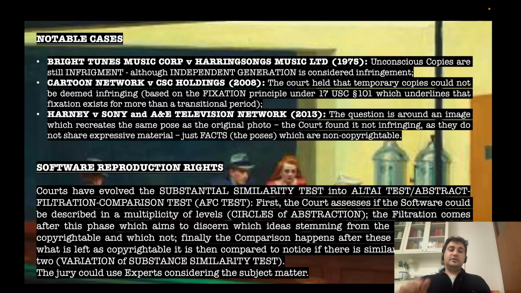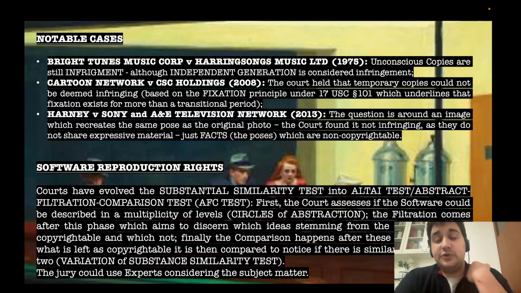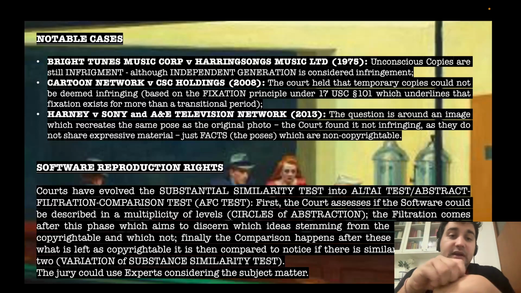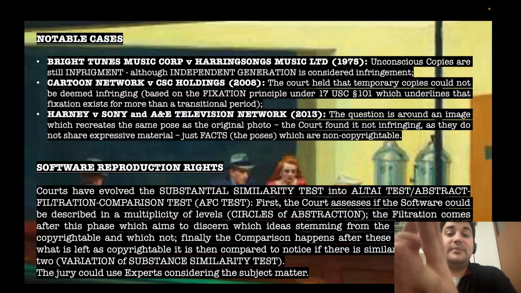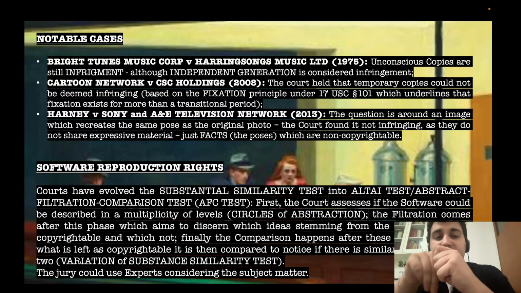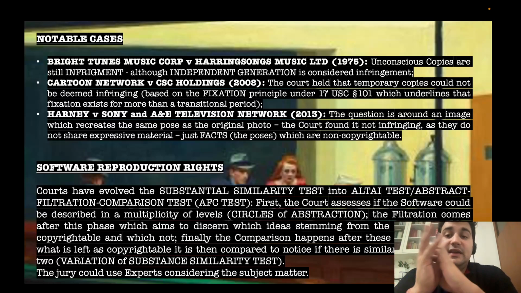So notable cases in this slide are basically three. You have Bright Tunes Music Corp versus Harrisongs Music Limited, in which it was mentioned that unconscious copying is still considered infringement, but there is still the possibility for independent generation, and in that case it is not considered infringement.